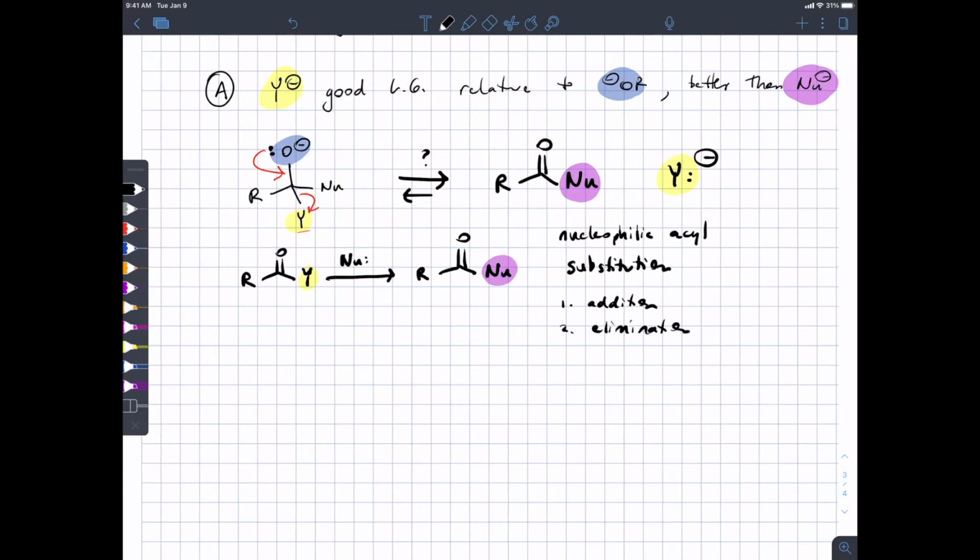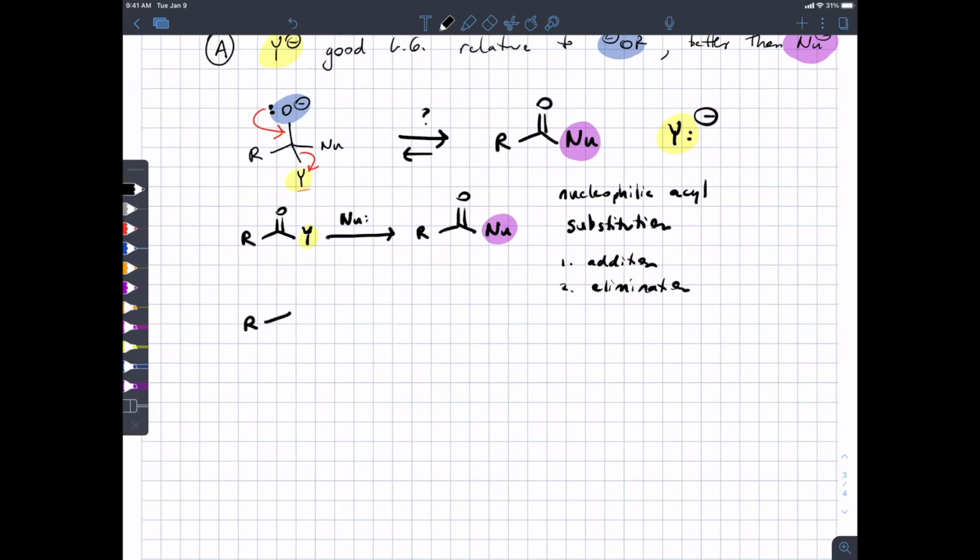Okay? And a classic example of that would be if the Y group is Cl minus, and let's suppose the nucleophile is this alkoxide. That would add directly to the carbonyl carbon to give you the tetrahedral intermediate.